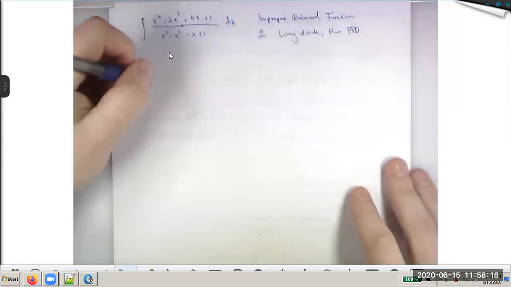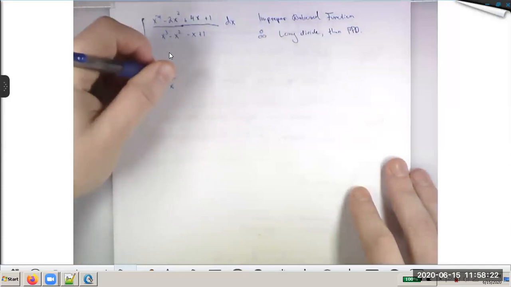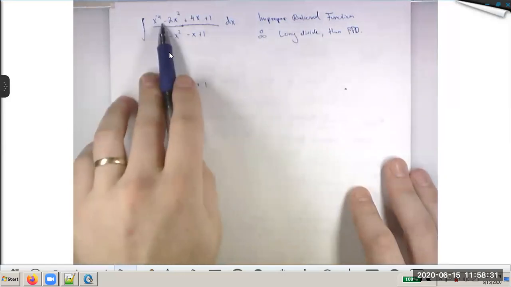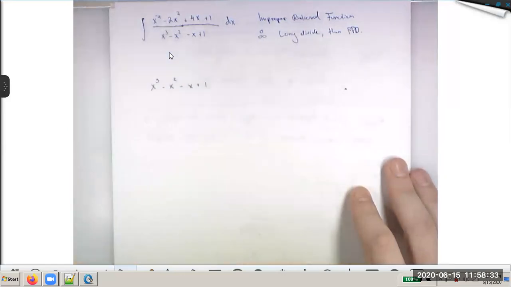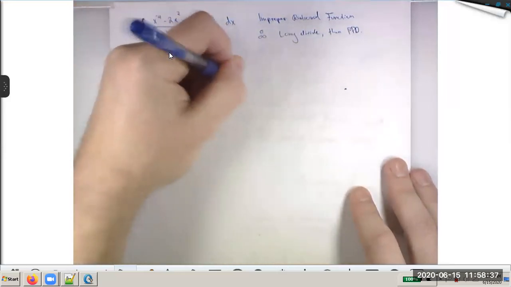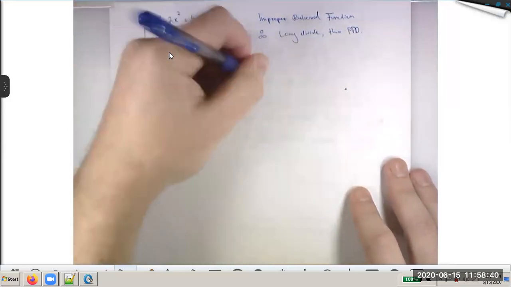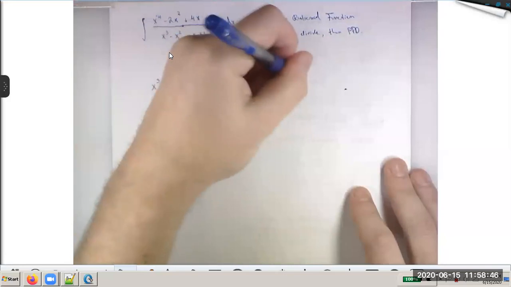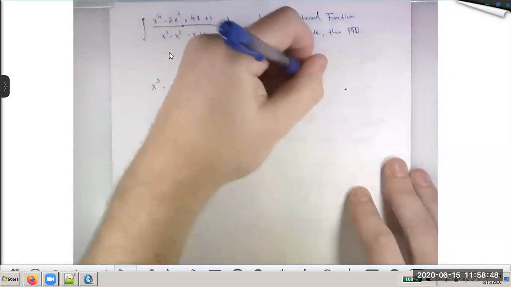Here's how it works. You write the denominator, and then next to it over here, you write the numerator, making sure to insert any missing terms. Notice there is no x cubed term there. So I need to insert it as a 0x cubed. So I write x to the 4 plus 0x cubed minus 2x squared plus 4x plus 1.